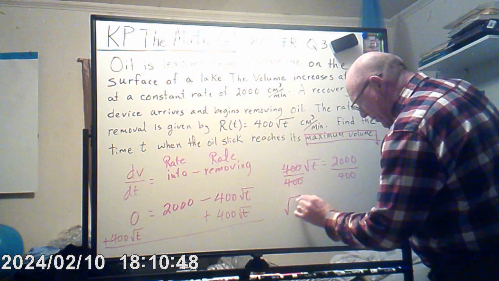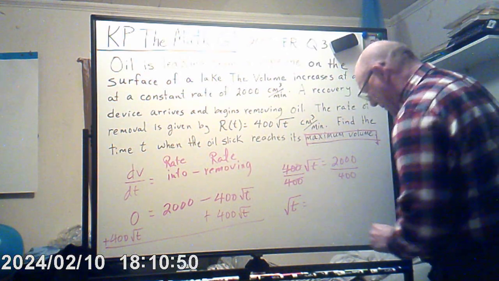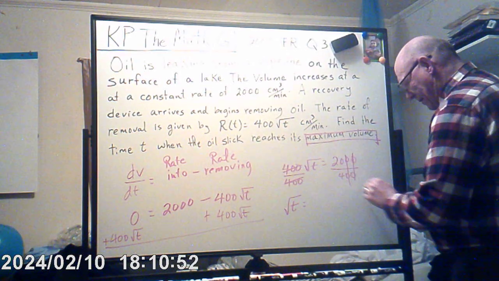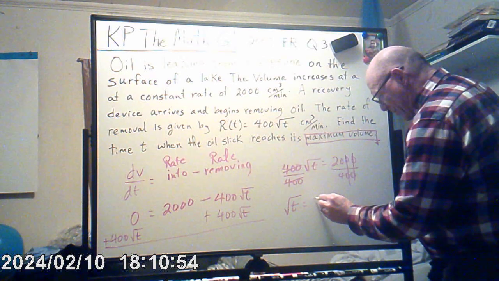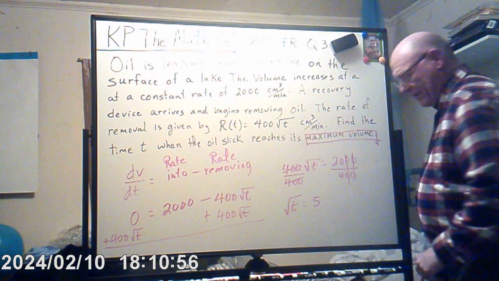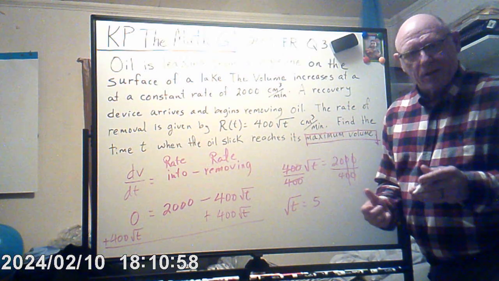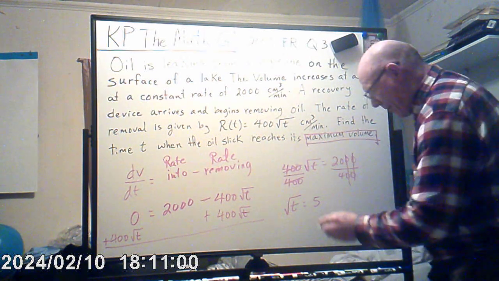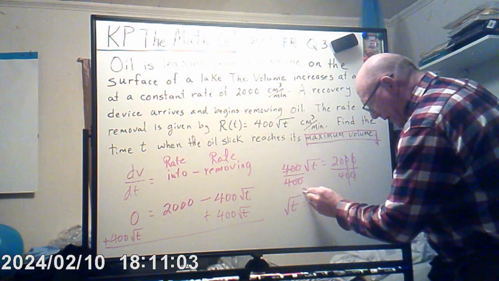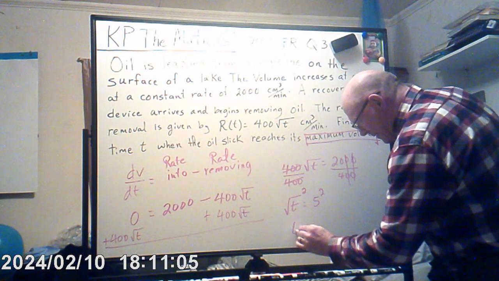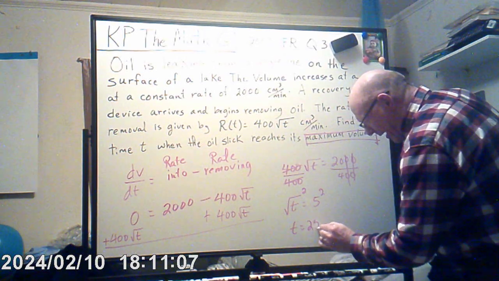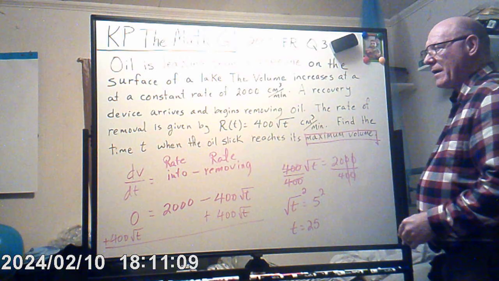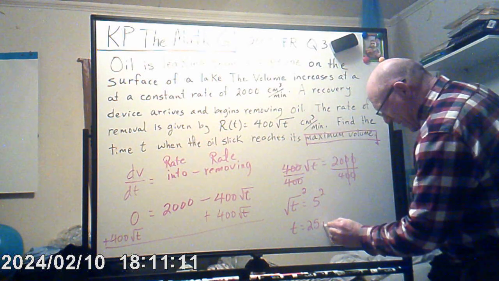We're left with the square root of t equal to, let's cross those zeros out, 20 over 4, which is 5. But now, to get t, we have to square both sides, don't we? So squaring both sides, we get t equal to 25. And I want to say that's going to be in minutes.